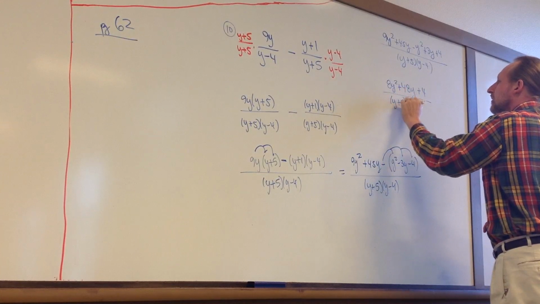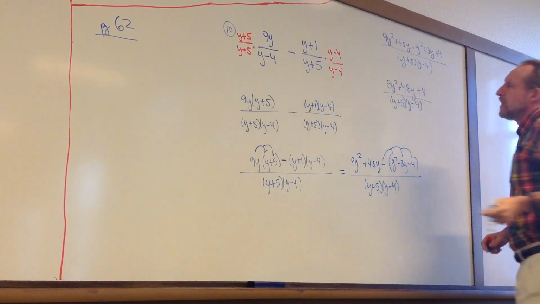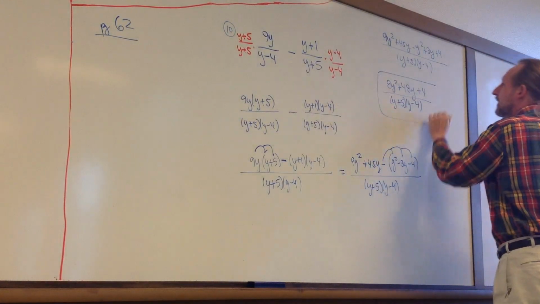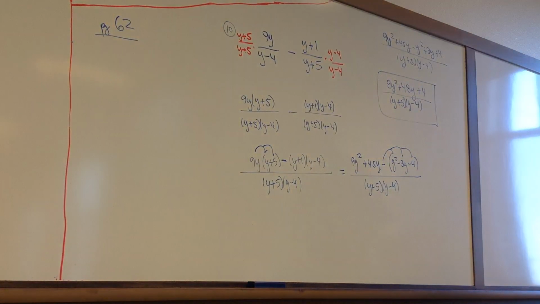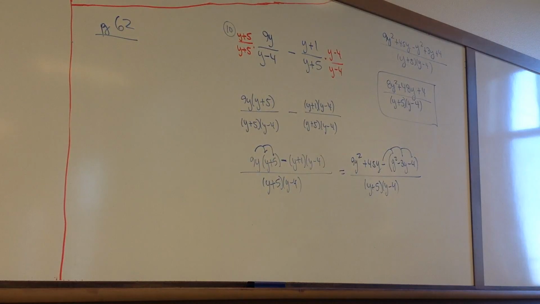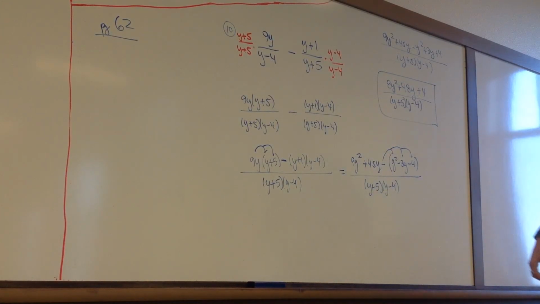And again, you can factor out a 4 from up here, but it's not going to cancel with anything. This answer right here is in lowest terms. If you want to factor the 4 out, that's fine. There's nothing wrong about it. It's not going to lead to reducing the fraction. This answer is just as right as the answer with the 4 factored out.